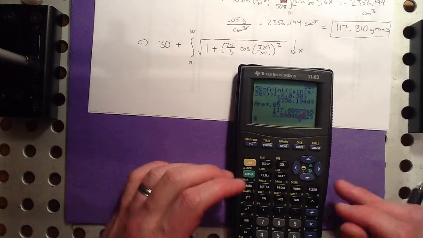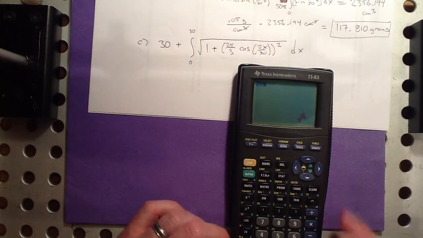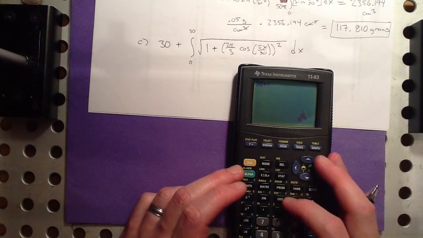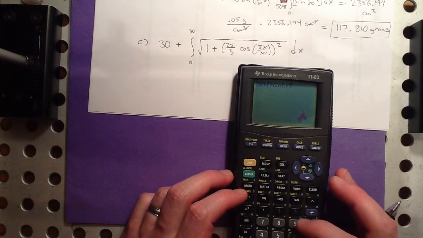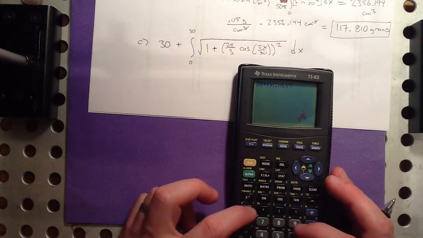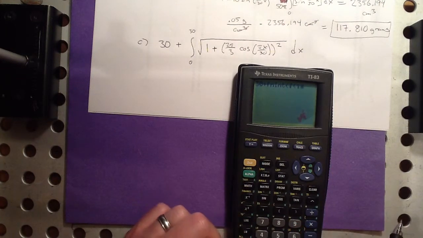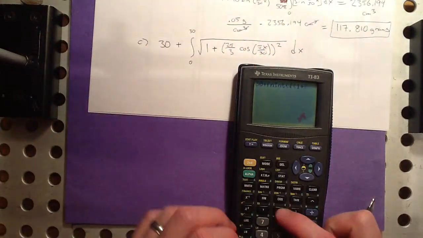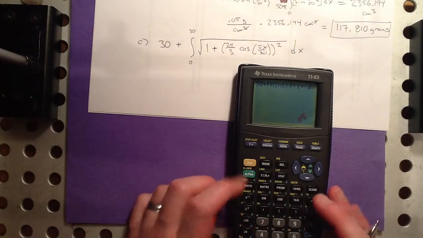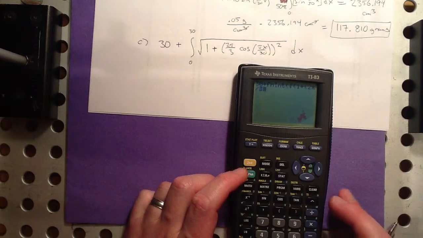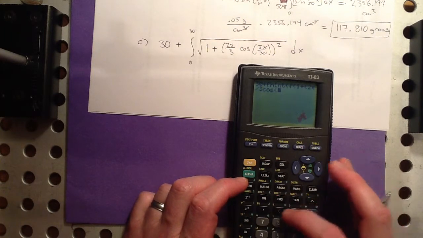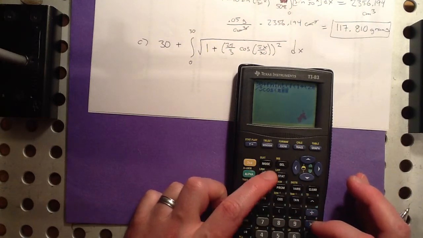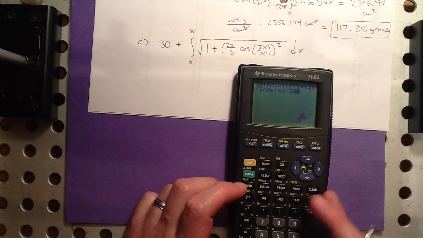So let's see. We've got 30 plus math 9, fnInt, the square root of 1 plus, and then a big set of parentheses around this whole thing. Parentheses 2 pi over 3 cosine of pi x over 30.